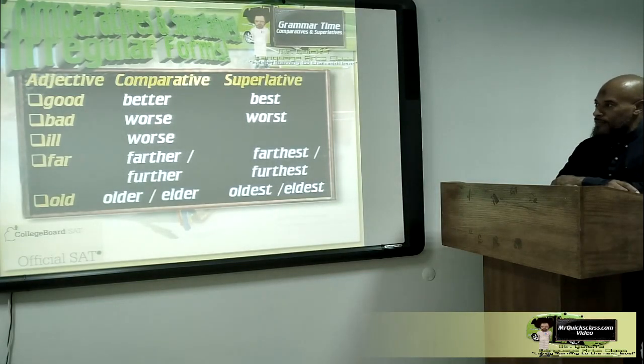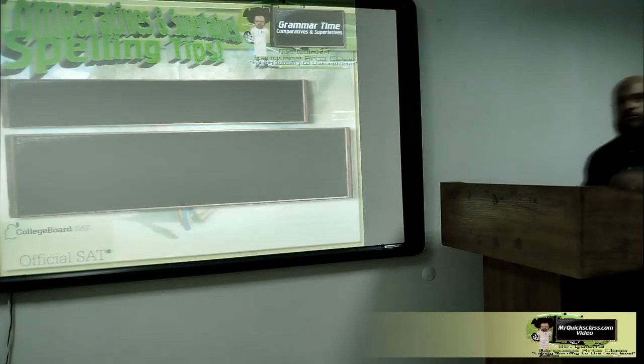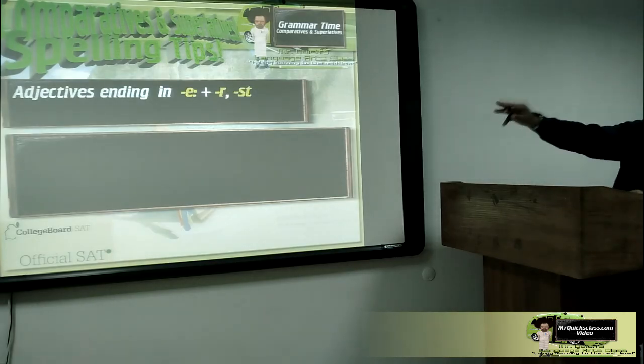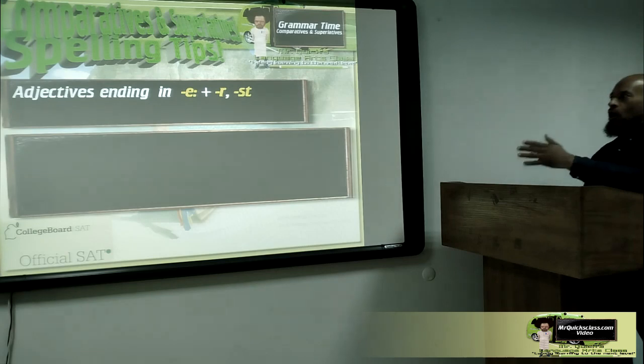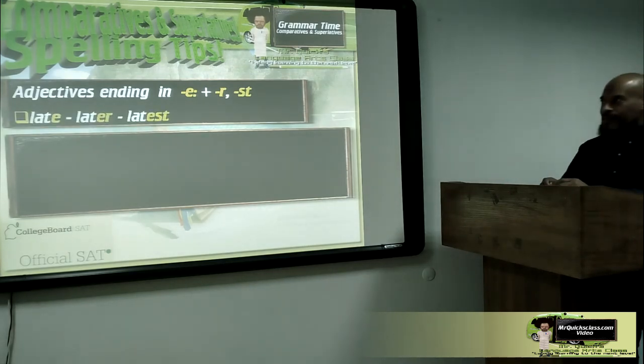And spelling tips. Just in case you have difficulties in spelling when dealing with these types of words, remember that adjectives add ER or EST, like late, later, and latest, when you want to show the comparative there.